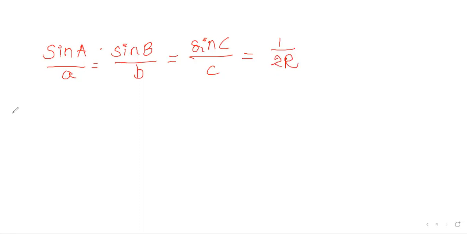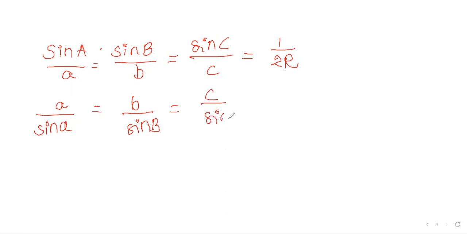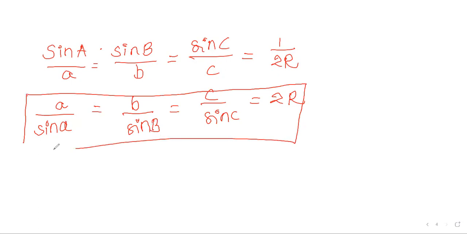So finally, I can say that a by sin A is equal to b by sin B is equal to c by sin C, which is equal to 2R. This is the derivation of the circumradius and its sine rule.